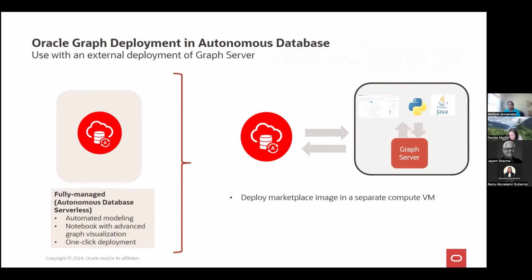But if for some reason you want to have your own separate graph server, because you want to run it on a separate compute instance, you don't want to use the instance that autonomous database automatically provisions for you, you want to use your own compute instance. Maybe there are some size restrictions, or for whatever reason, if you want to have your own graph server, that's possible too. You can use autonomous database and you can set up your own standalone graph server and communicate with the autonomous database.